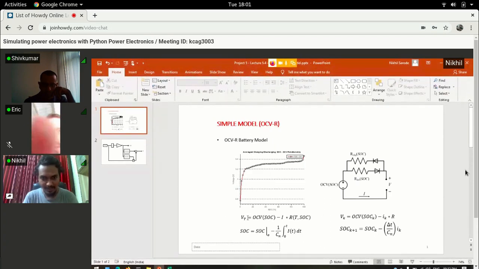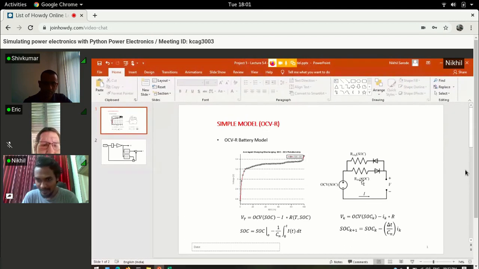The terminal voltage is a function of open circuit voltage, which is a function of SOC, and this is the drop across the internal resistance, and this is the Coulomb counting way of finding the SOC. Basically, it's a large capacitor. That is what you've used. Yeah, that's the idea.